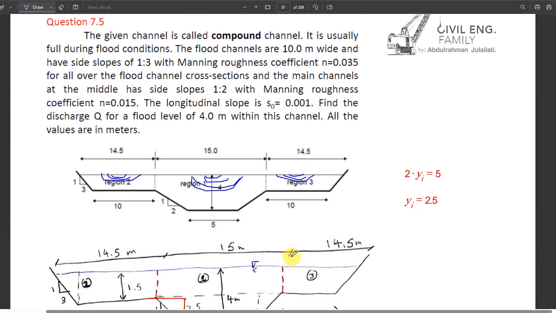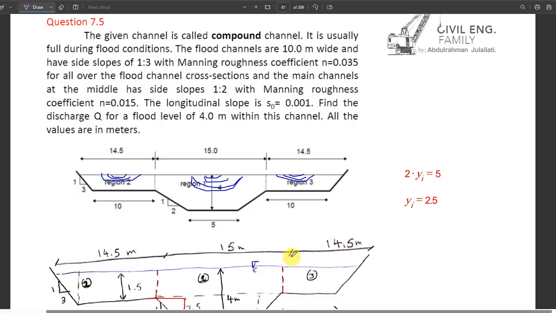Let's take this simple question, not about the cross section, just as an example. It says the given channel is called compound channel. It is usually full during flood conditions. The flood channels are 10 meters wide and have side slopes of 1 to 3, which means 1 vertical gives me 3 horizontal, with Manning roughness coefficient N equals 0.035 for all over the flood channel cross sections.